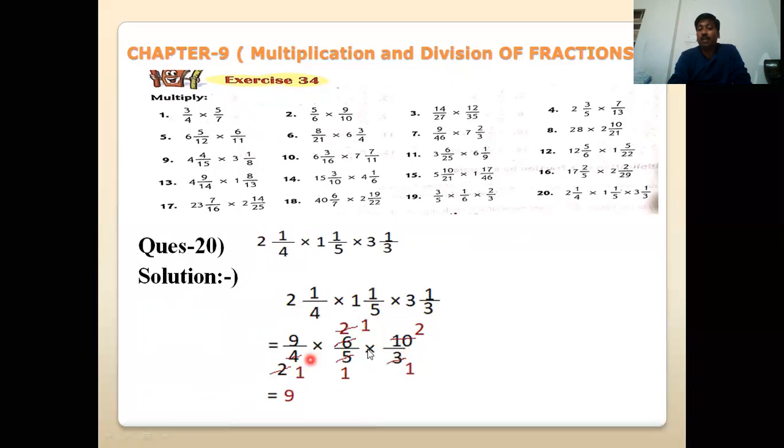And now when we cancel the numerator and the denominator, we see 5 1s are 5, 5 2s are 10, and 3 1s are 3, 3 2s are 6. Now here we see 2 is divided into this 4, 2 1s are 2, 2 2s are 4. Okay, there is some mistake here.